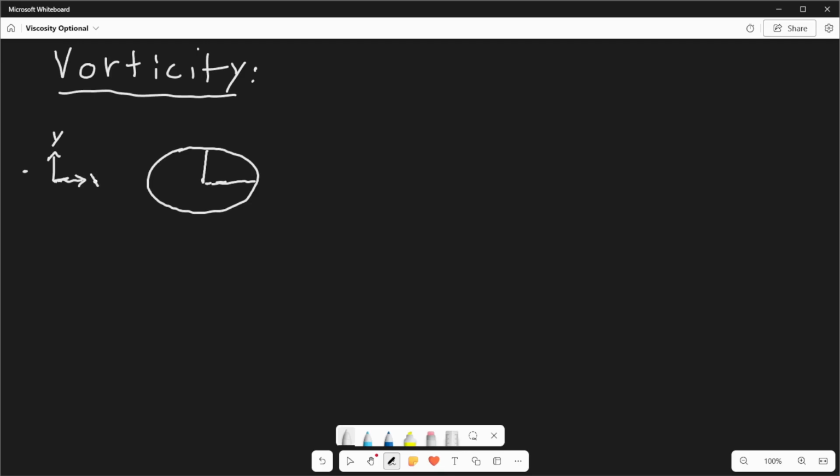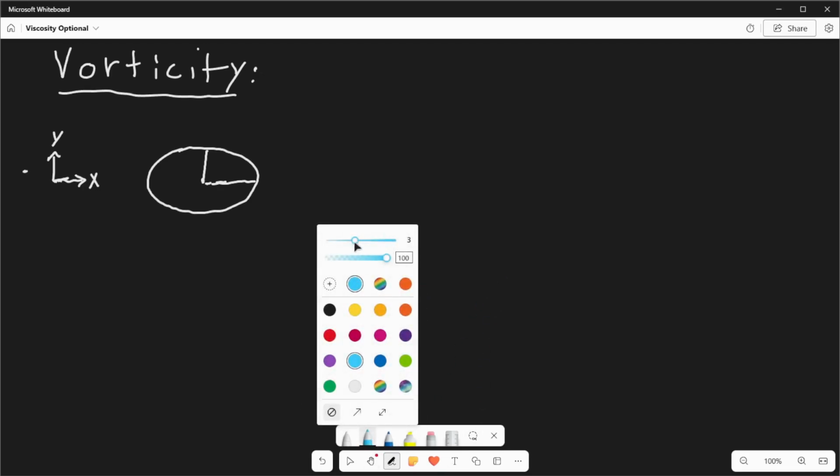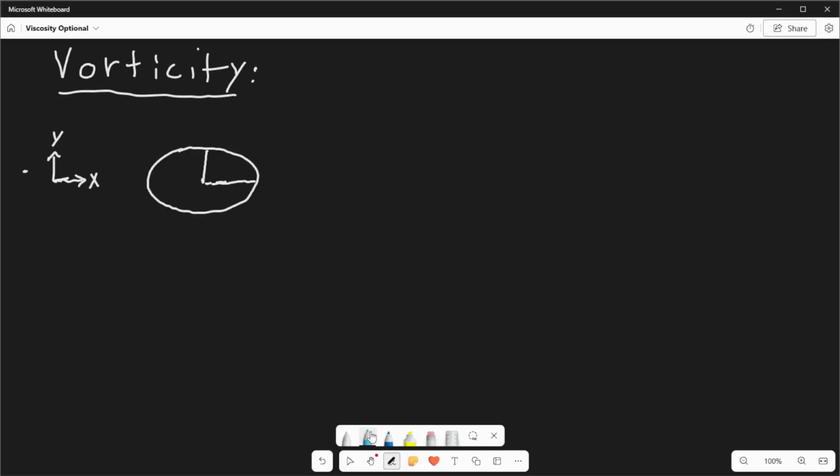X-axis. So these things basically would rotate.